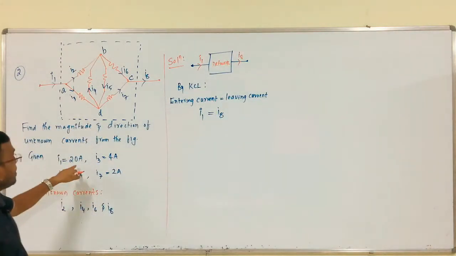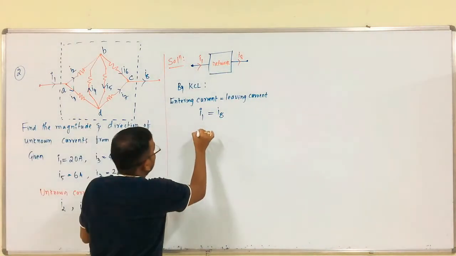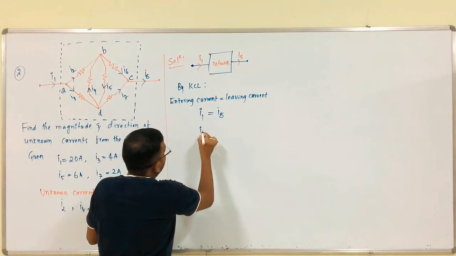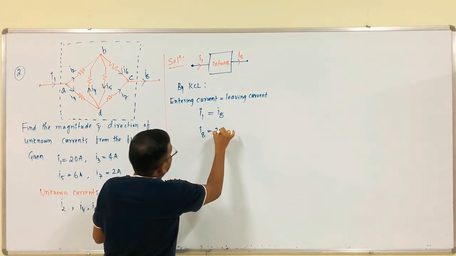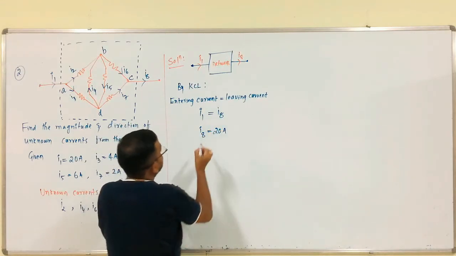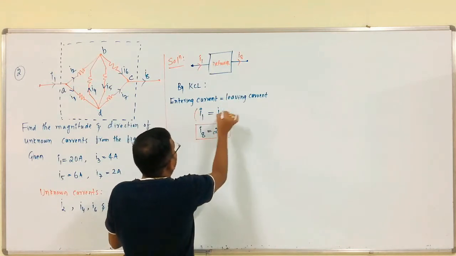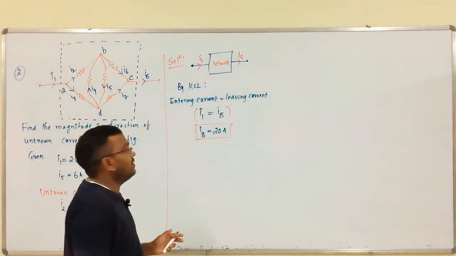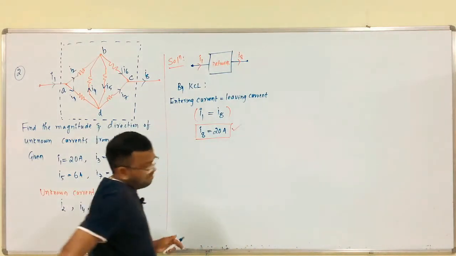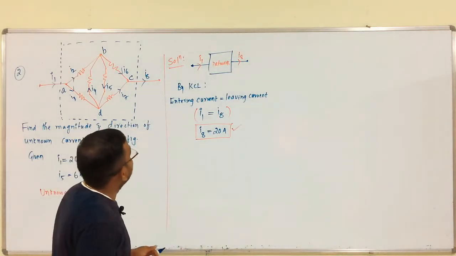The value of I1 is given as 20 amps, so obviously I8 is also 20 amps. This is the first unknown current.